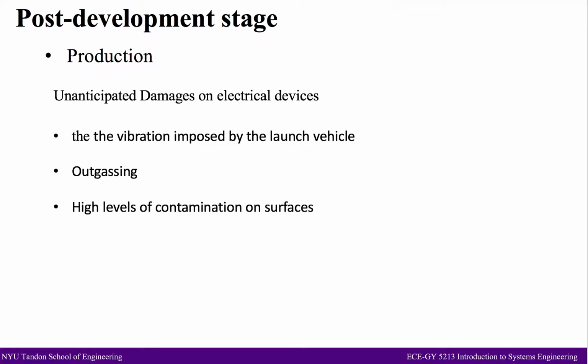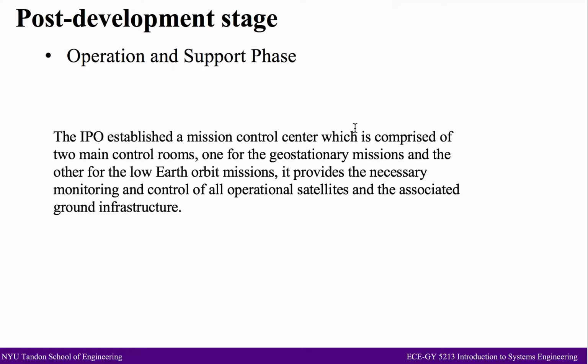For the operation and support phase, the IPO established a mission control center, which is comprised of two main control rooms, one for ground missions and the other for the low Earth orbit missions.